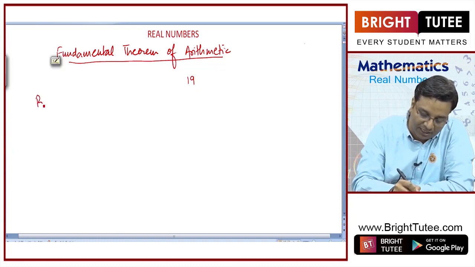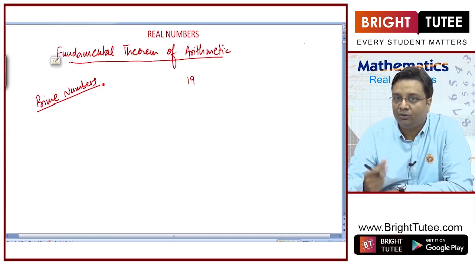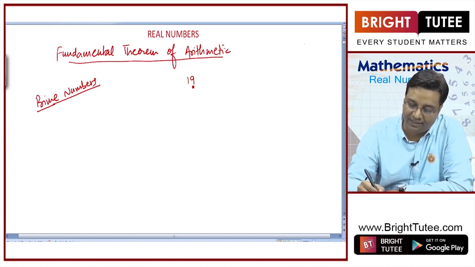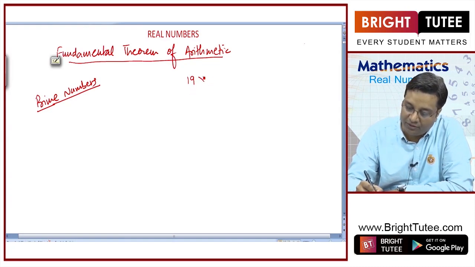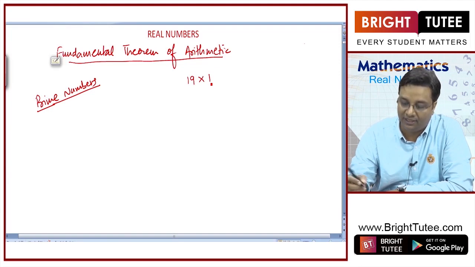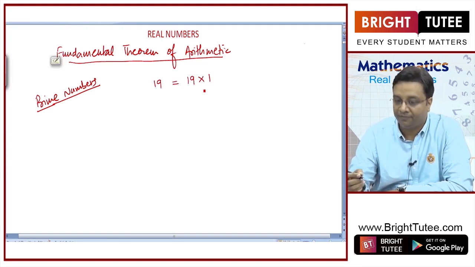Prime numbers are such numbers which do not have a factor apart from itself and 1, like 19. If I want to find the factors of 19, I can find only two factors, 19 into 1.